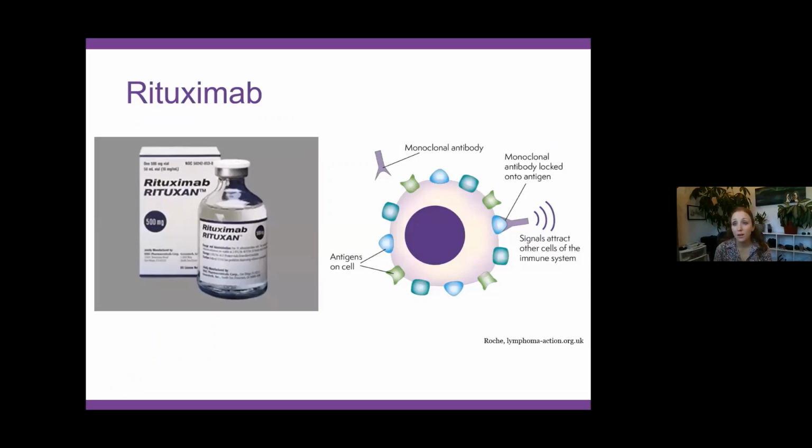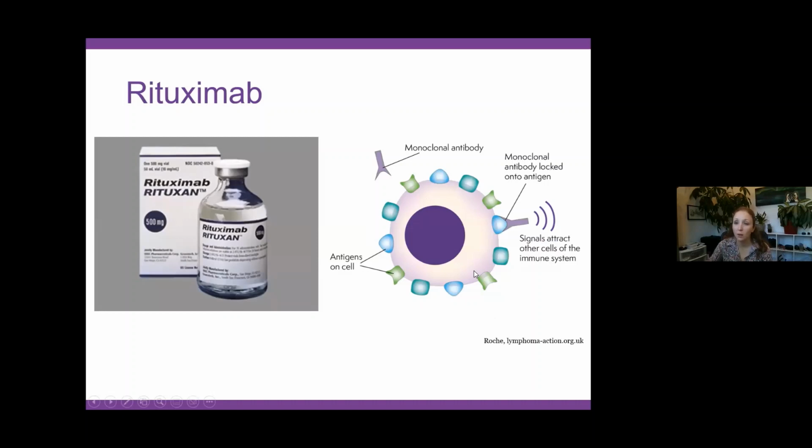So what about rituximab? Like I said, this is an antibody that was developed more than 20 years ago. This is more of an immune treatment. It's an antibody targeted against a specific protein on the surface of the cells. All cells have different proteins.